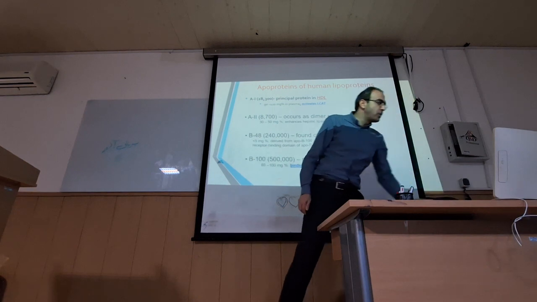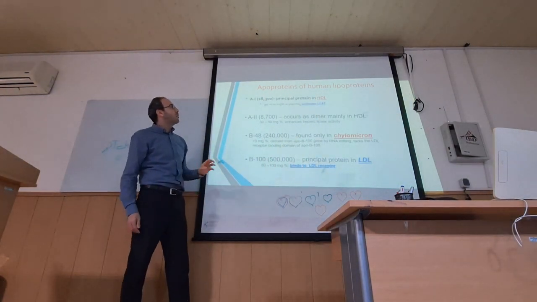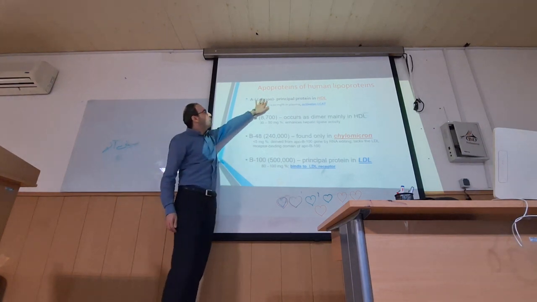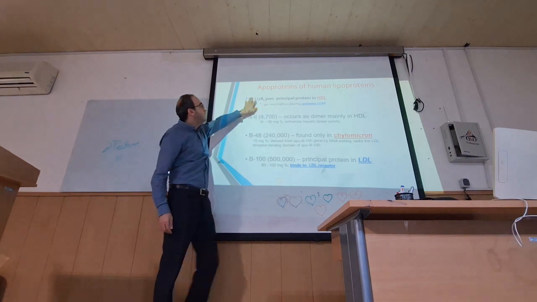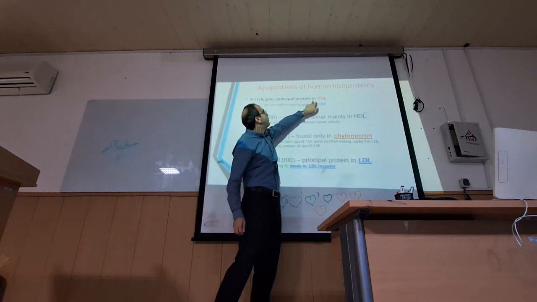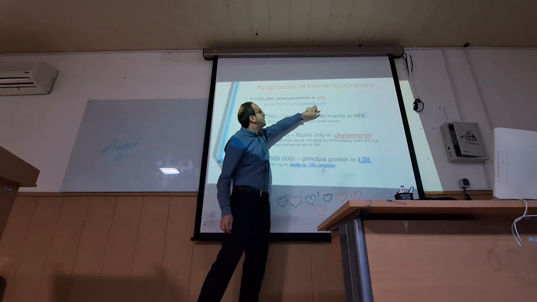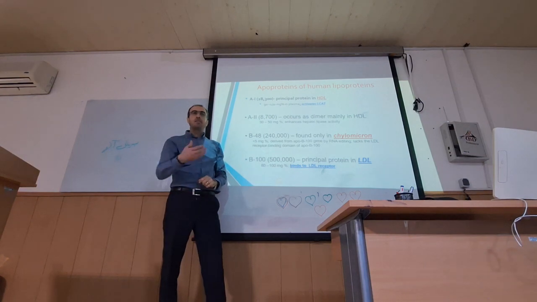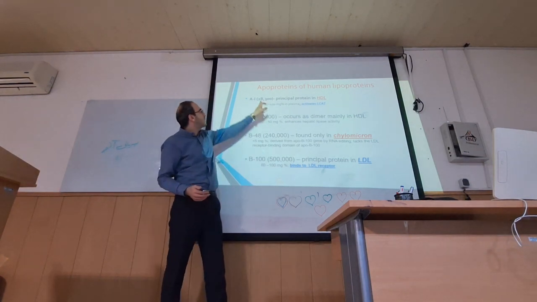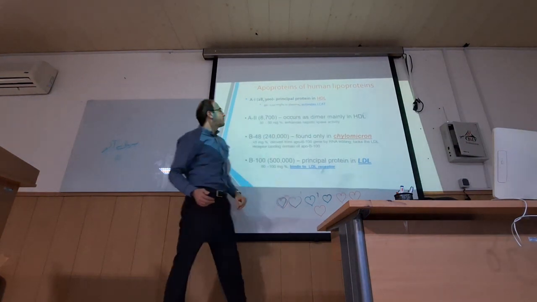About apoprotein, here are the characteristics of apoprotein. A1, you don't need to know about the molecular weight, just that it is a principal protein in HDL, and its function is activation of LCAT. We will learn the meaning of activation of LCAT. Just remember, A1 is necessary for activation of LCAT.